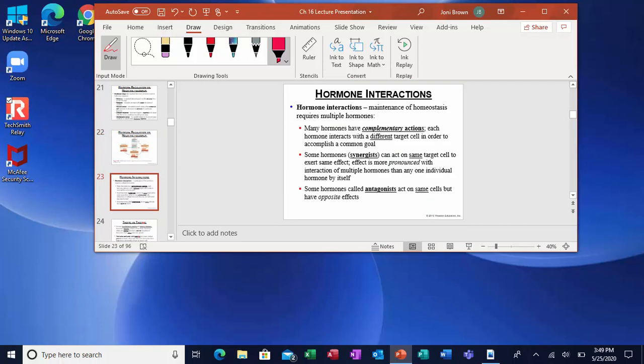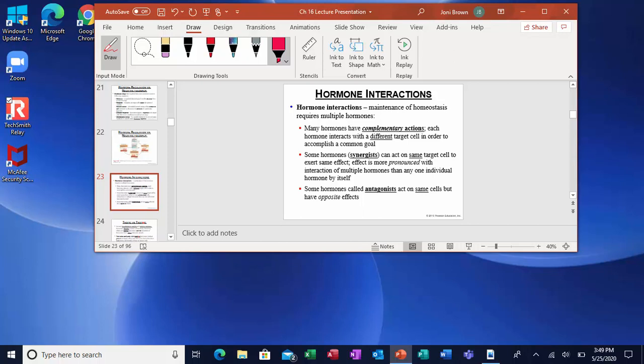Now, different interactions of hormones, they have to interact in order to maintain homeostasis. Sometimes they complement each other, where different hormones from different glands will affect a different target cell to achieve a common goal.